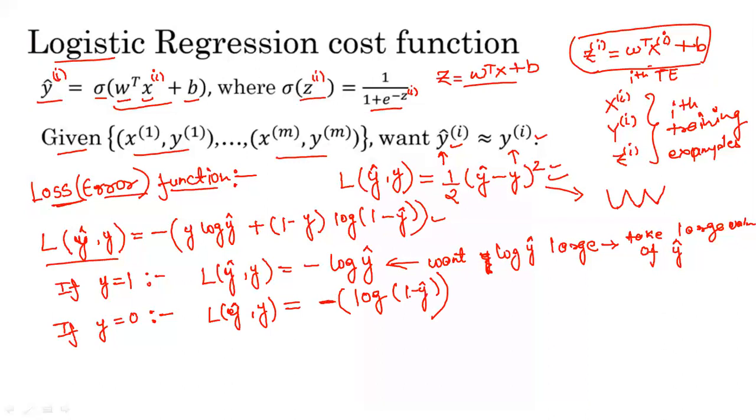Now what we want is the value of the loss function, or the error function, to be as small as possible. So in order to make the value of this loss function as small as possible and to gain the global minimum, we need the value of y hat to be a very small value.